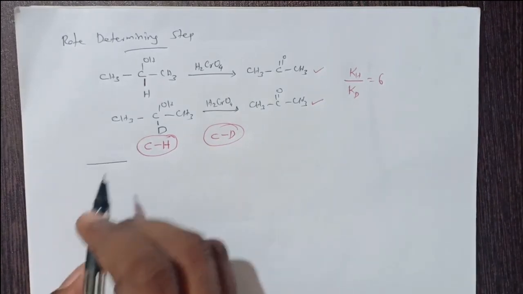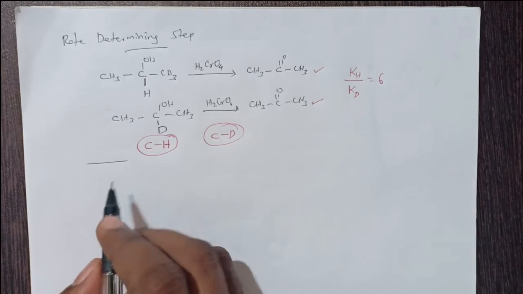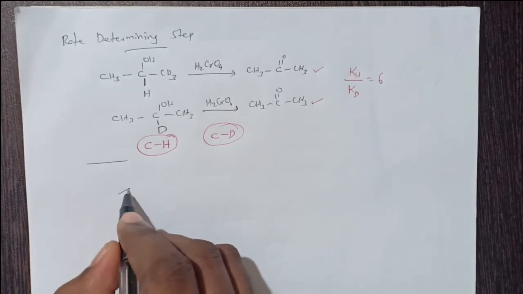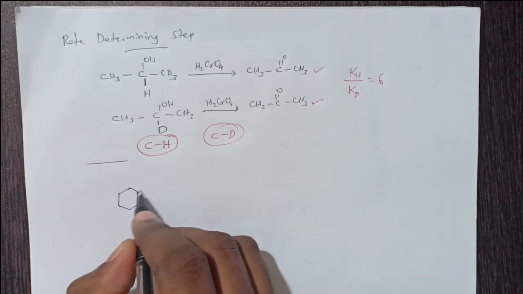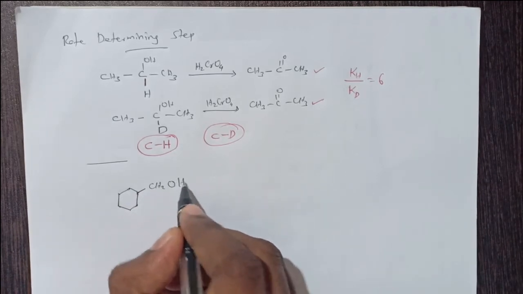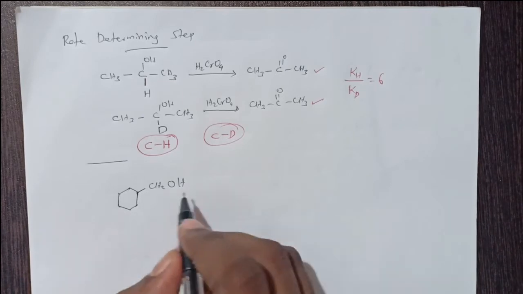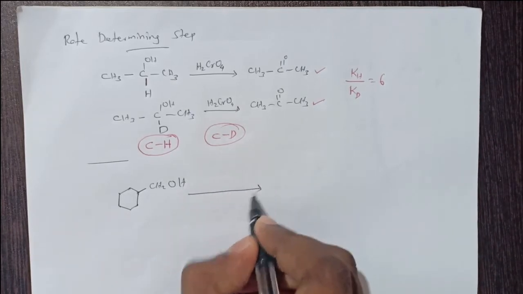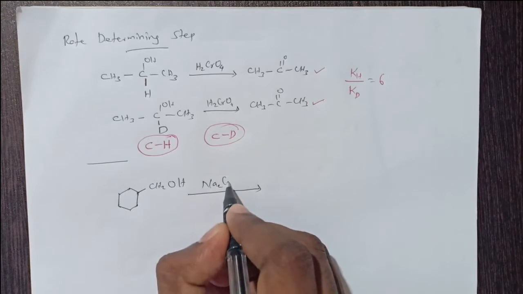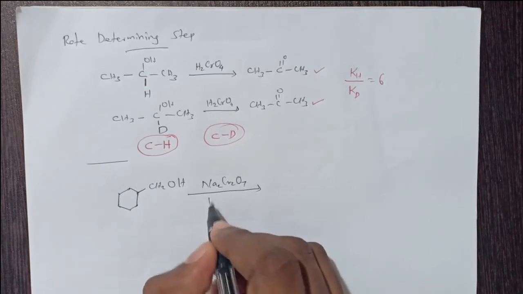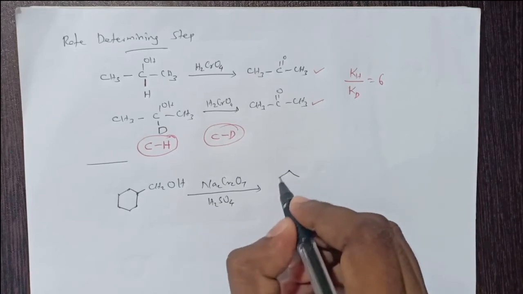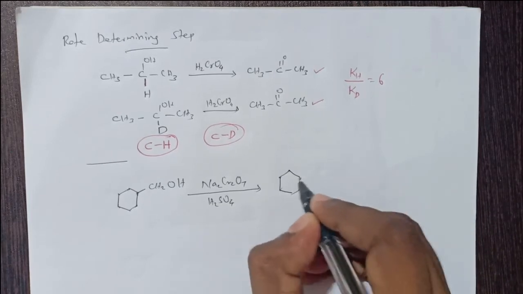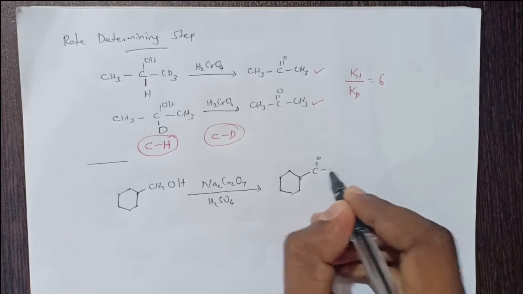Now we are considering the oxidation of a primary alcohol. This is an example: CH2OH on cyclohexane, cyclohexylmethanol. On reaction with sodium dichromate and sulfuric acid in the presence of water, the product formed will be this one, C=O OH.